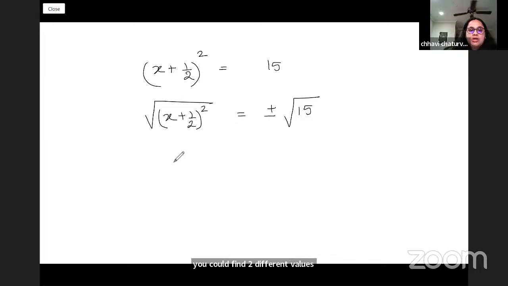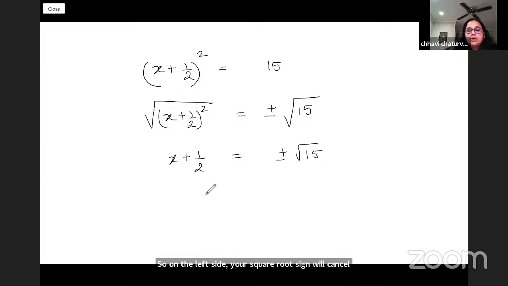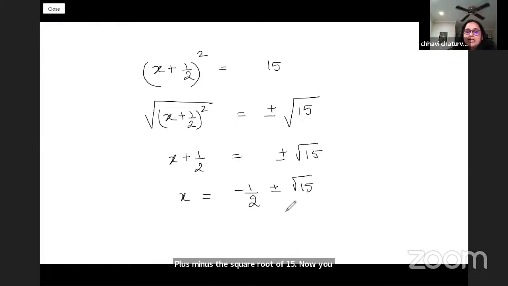So on the left side, your square root sign will cancel out the square. It will leave you with the square root of plus minus 15. And then you subtract 1/2 to get negative 1/2 plus minus the square root of 15. Now you can leave your answer like this, or you can take the LCM.